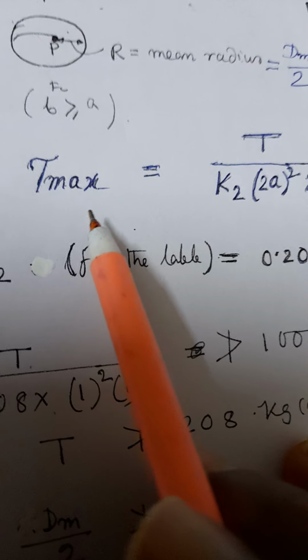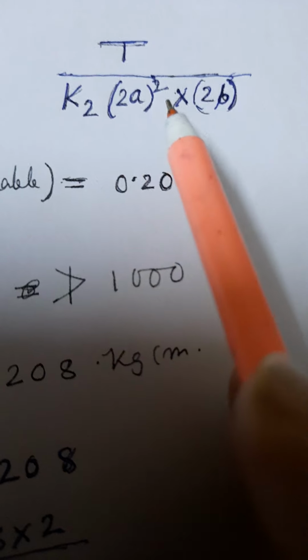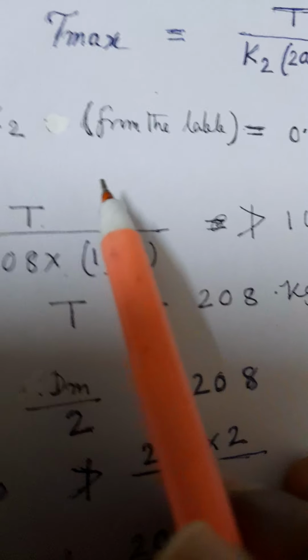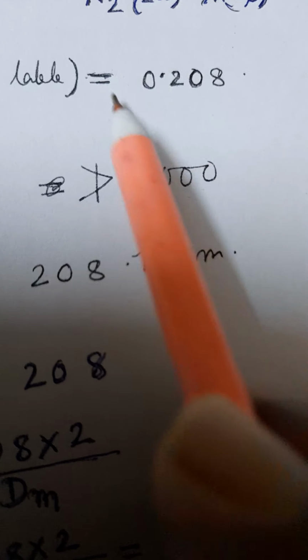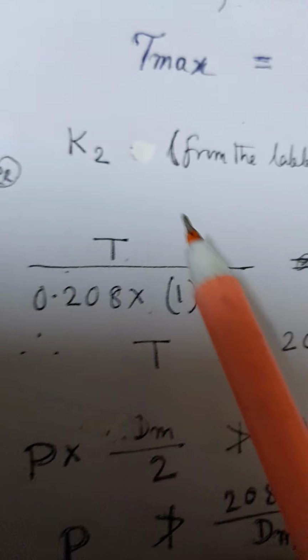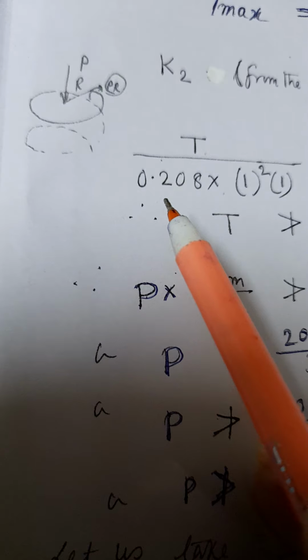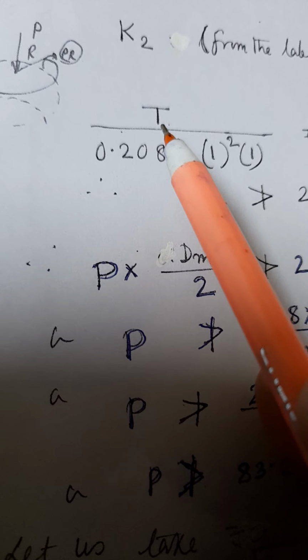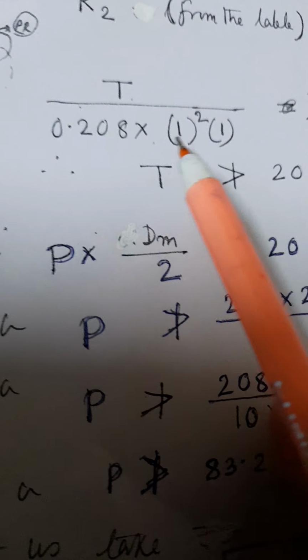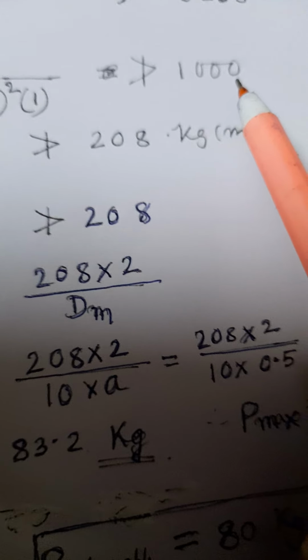So tau max is equal to T by K2 into 2A whole square into 2B. Now K2 from the table you can get for B by A is equal to 1. So T by this into this is not greater than 1000.